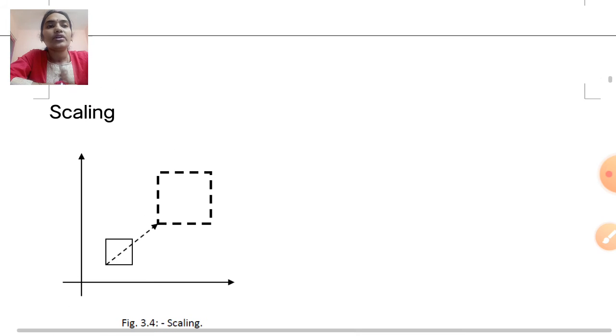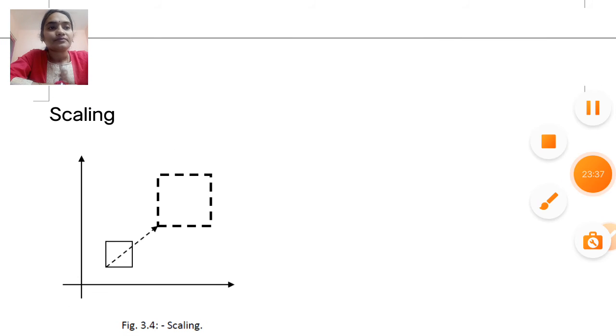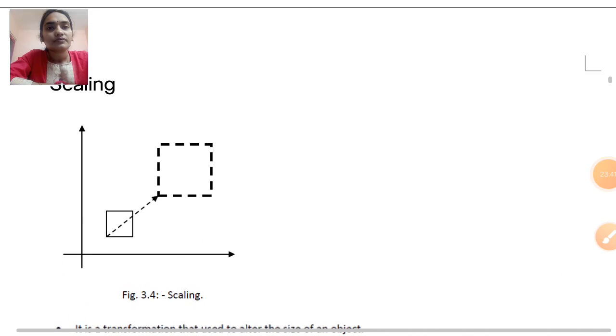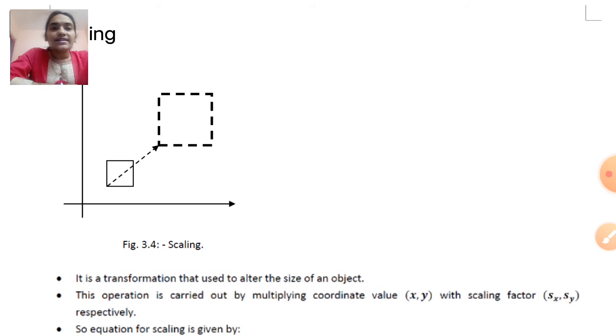Now we discuss scaling. Scaling is a transformation used to alter the size of an object. Scaling only changes the size of the object. That means we either enlarge it or we reduce it.